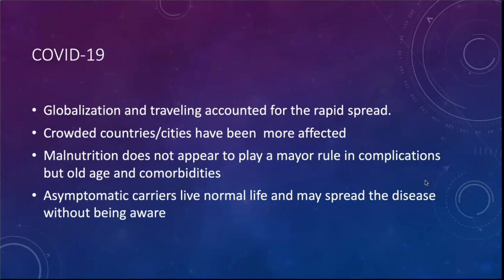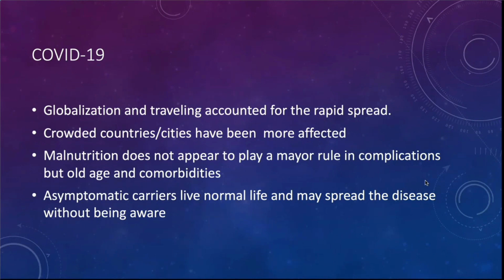Asymptomatic carriers for COVID-19 usually live a normal life. They often don't know that they are infected. They may spread the disease without being aware. Also, the incubation period for COVID-19 is longer than the one for the Spanish flu.